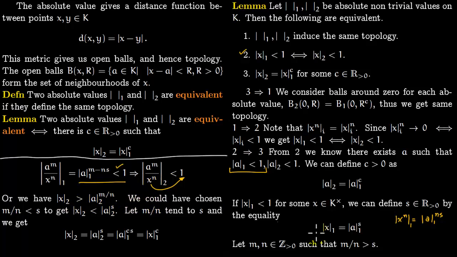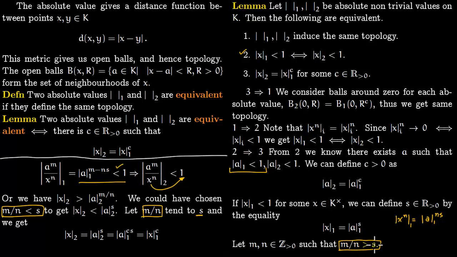We had chosen here that m by n is greater than s, but we could have made another choice, that m by n is less than s, and then we would have gotten this x2 is less than a2 to the s. So now you can say m by n tends to s, and therefore you will get equality right here.